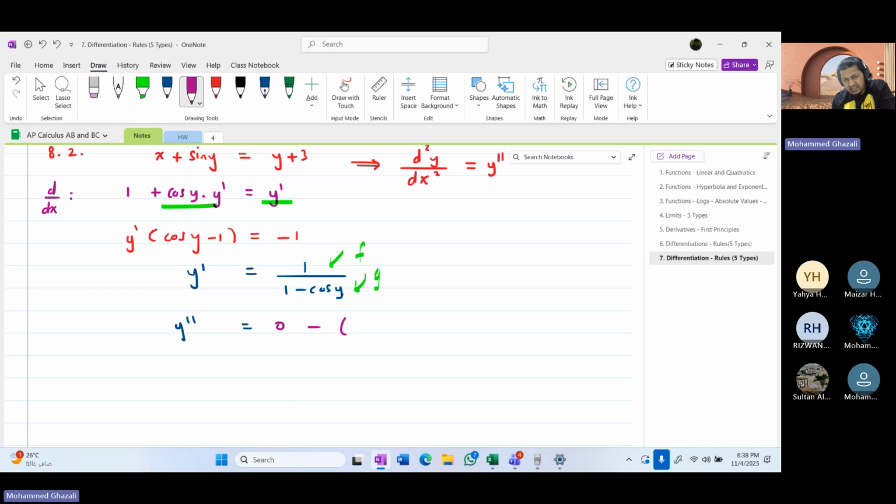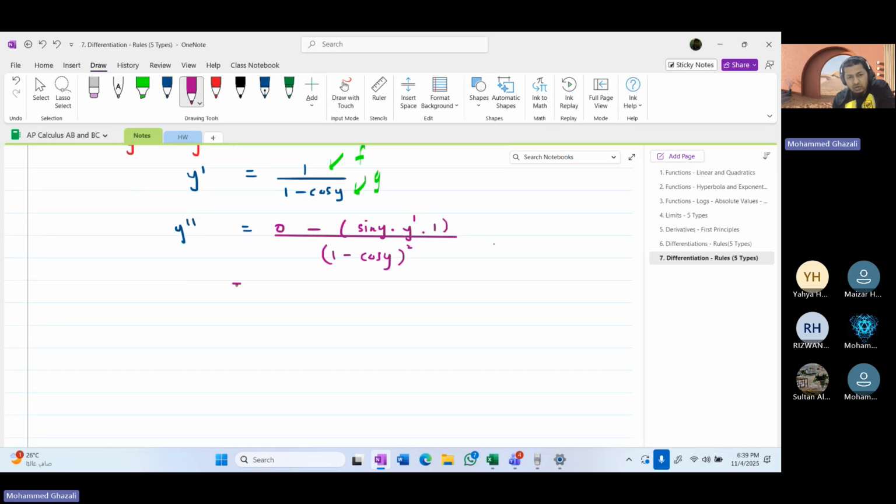We're going to end up with a negative sign, and negative makes a positive sine y times y prime. You still have to differentiate y, which is y prime. And then leave the top, times 1, all over the denominator squared, which is 1 minus cos y all squared.